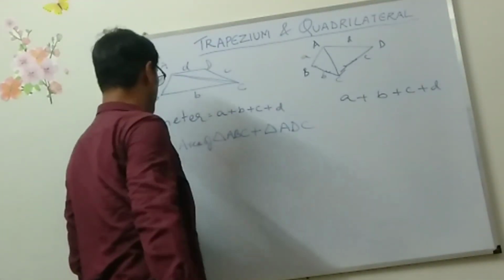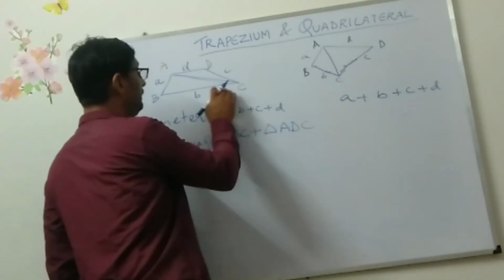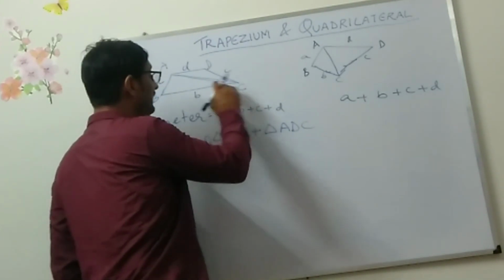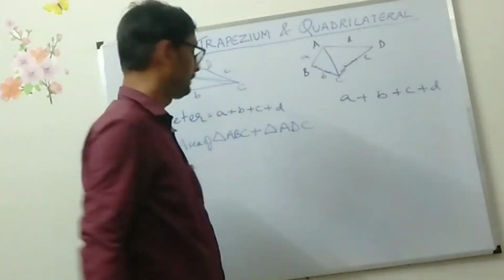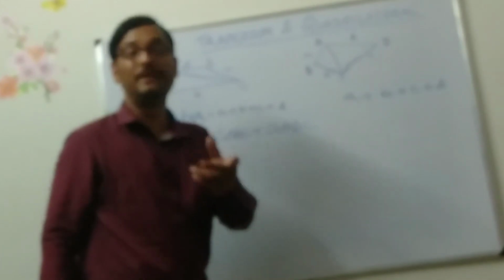In ABC, BC is what? Base. In triangle ABC, don't look at this one, don't look at the upper side. How to find out the area of a triangle? Half into base into height. What is base? In this case, base is BC, into what is height?